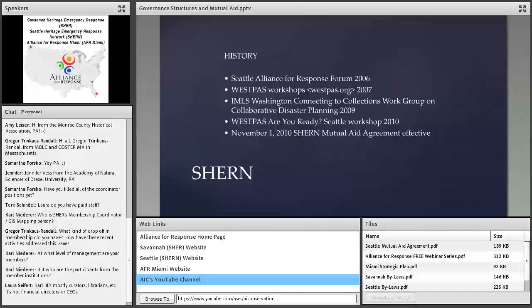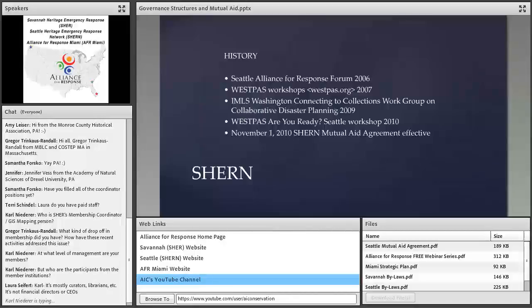As some of you know, in 2005, the Heritage Health Index showed that 80% of collecting institutions nationally did not have an emergency or disaster plan that includes collections with staff trained to carry out the plan. So the Western States and Territories Preservation Assistance Service, or WESTPAS, was organized in part to address this situation in the West by offering workshops to help institutions create disaster plans.